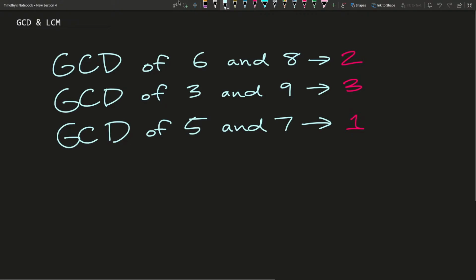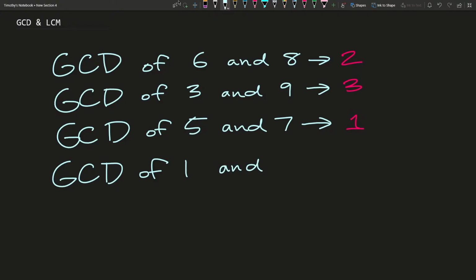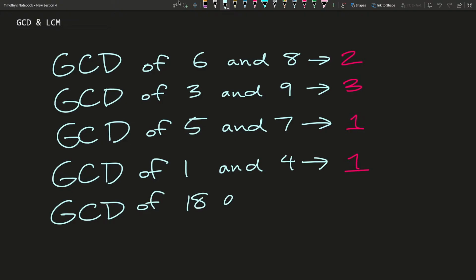Okay, let's look at the GCD of 1 and 4. Since it's at most the minimum between the two numbers, and at minimum 1, in this case it's going to be 1. And then finally, let's look at a slightly larger example of 18 and 24. In this case, it's just going to be 6. And you might be able to see that the greatest common divisor of these two numbers is 6.